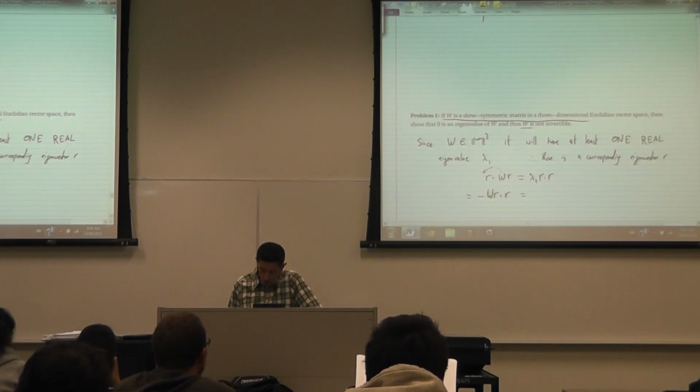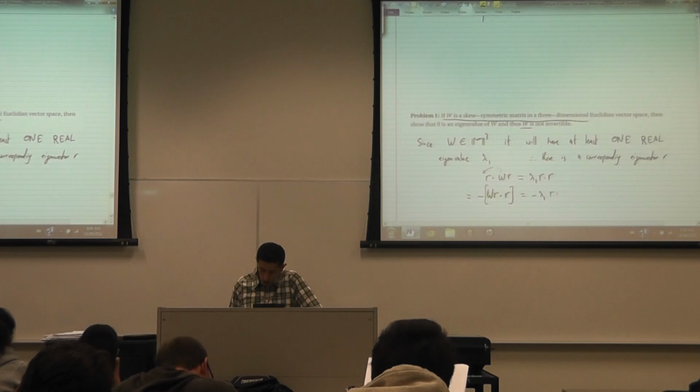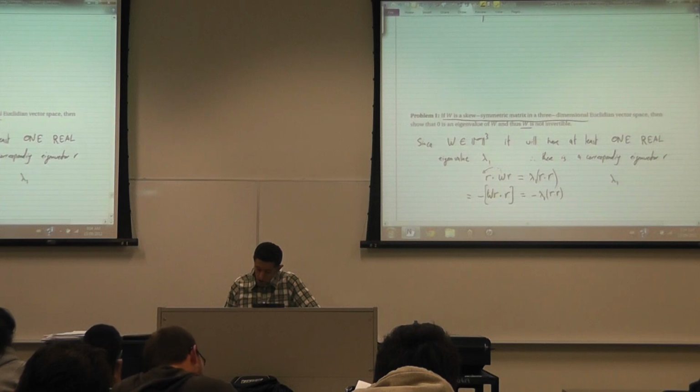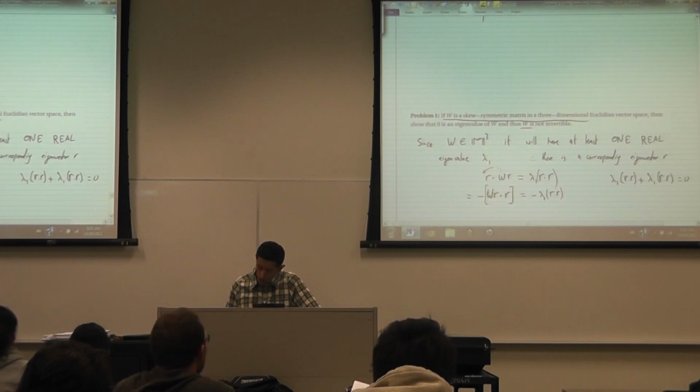Which is also, so negative WR dot R is equal to negative lambda 1 R dot R. Which tells me that lambda 1 R dot R plus lambda 1 R dot R has to be equal to 0.